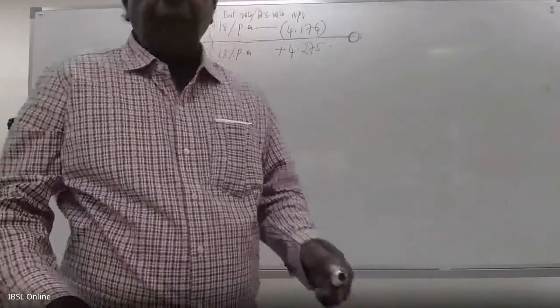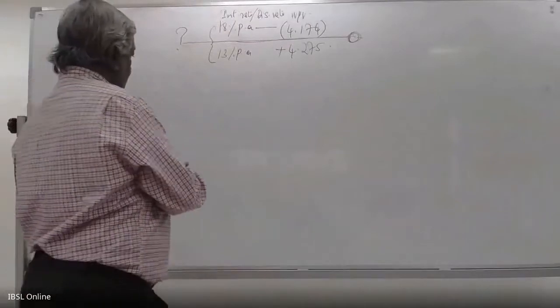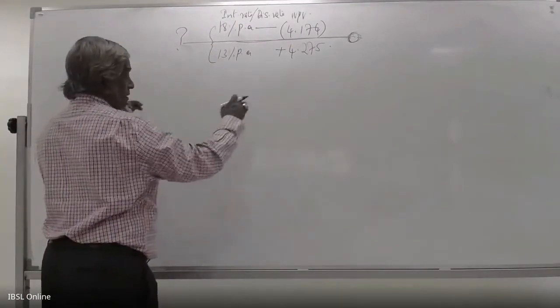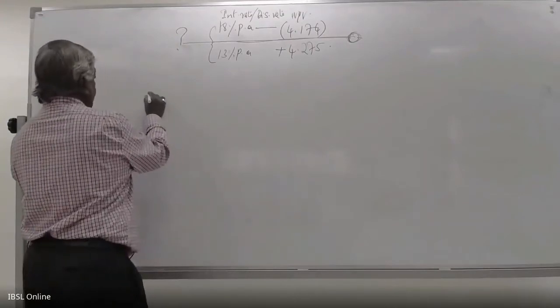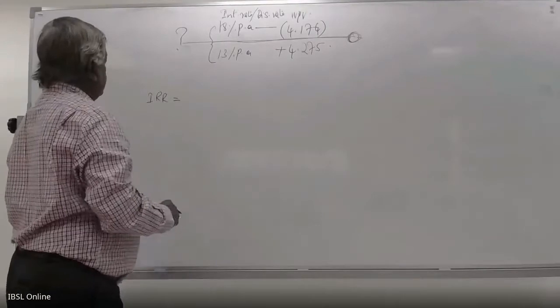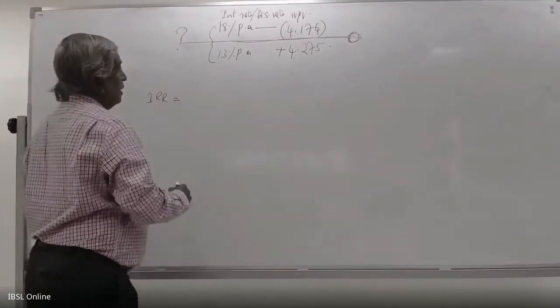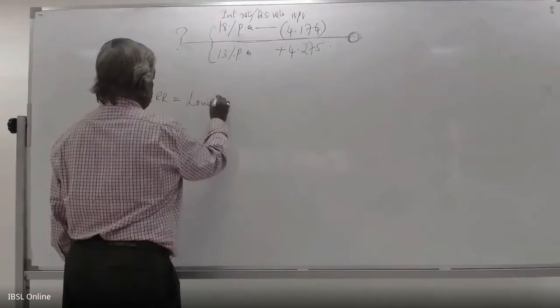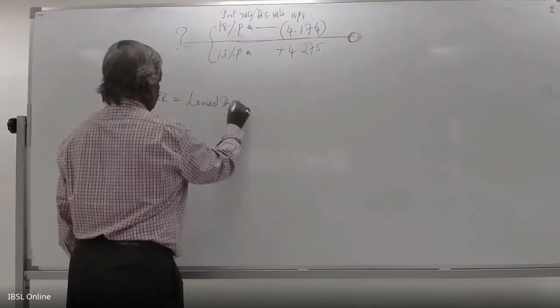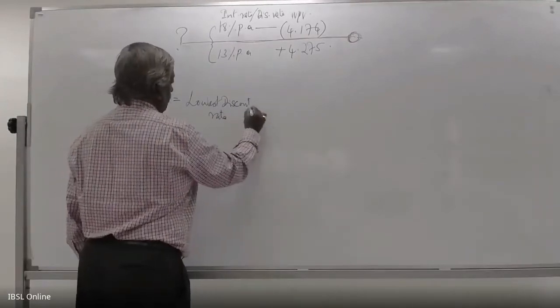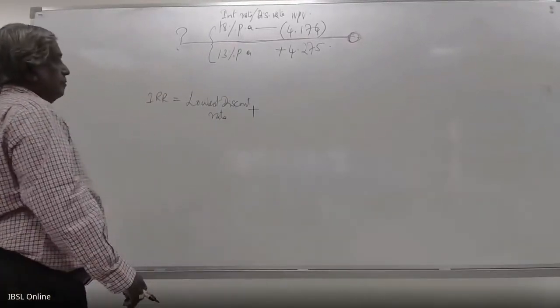Listen very carefully to this formula. I'm writing the formula: IRR is equal to the lowest discount rate plus the difference between the two discount rates.